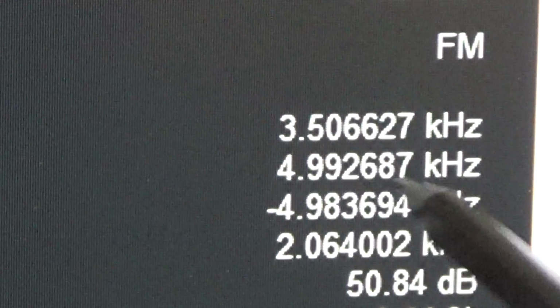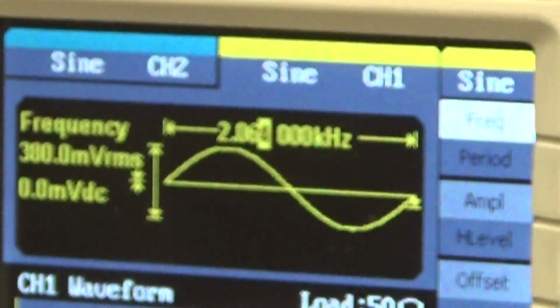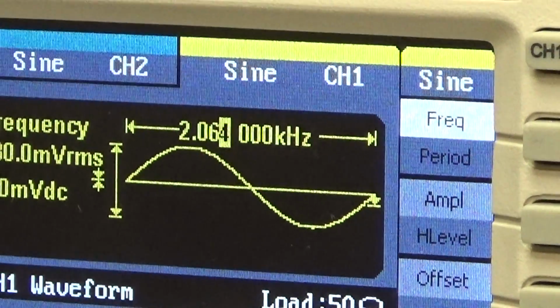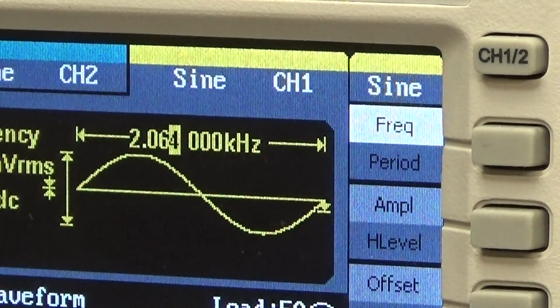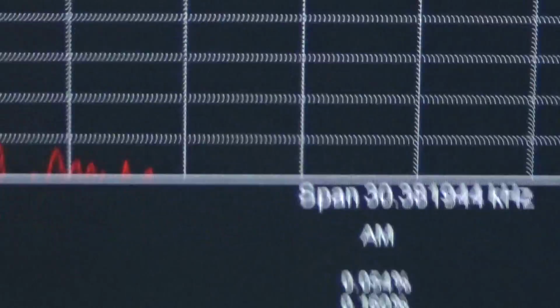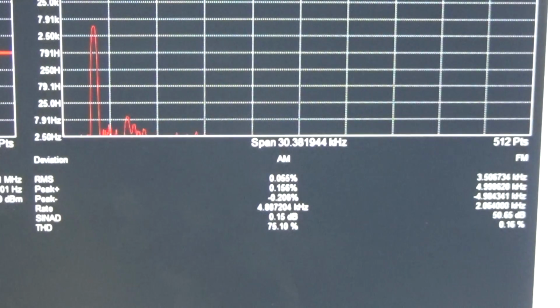Once again, here is our deviation, and here is our audio frequency, and again that is what we have here, our 2.064, and you have seen the deviation shown on the HF generator, and that means we are really able to find our deviation with our Bessel zero, and therefore that is the method you can use to determine the information you need of an FM signal.